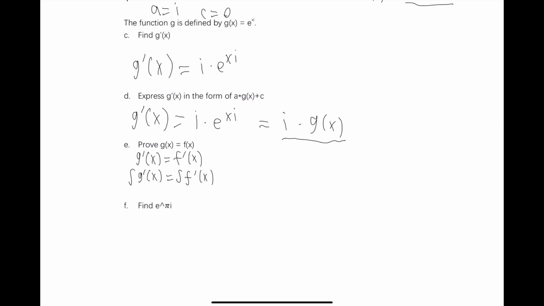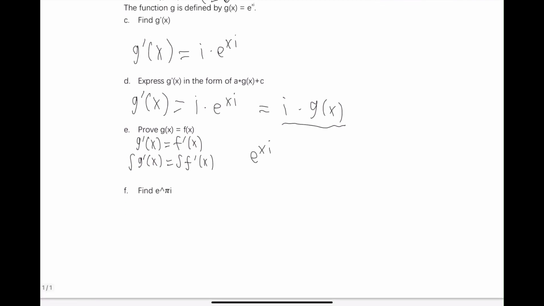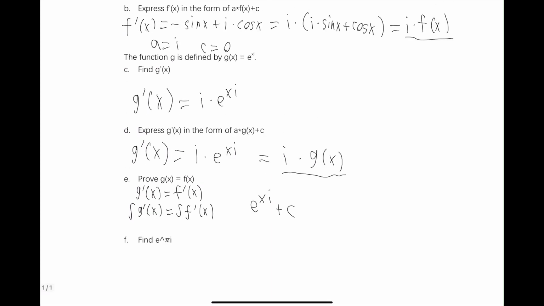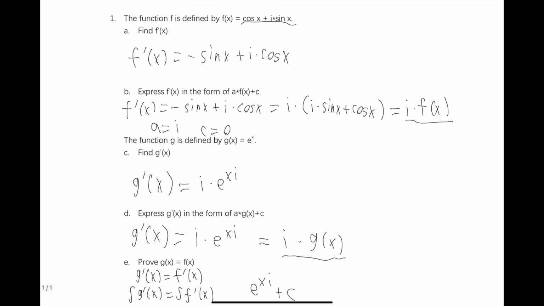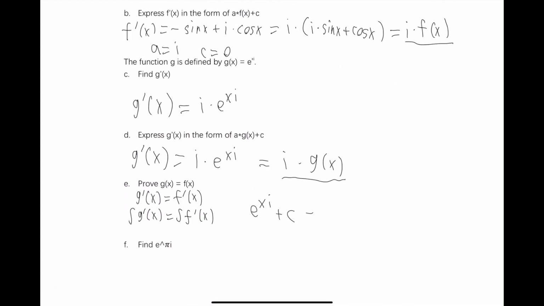What we get as a result is, we write g(x) first, so e to the power of xi plus c equals cosine x plus i times sine x plus c.